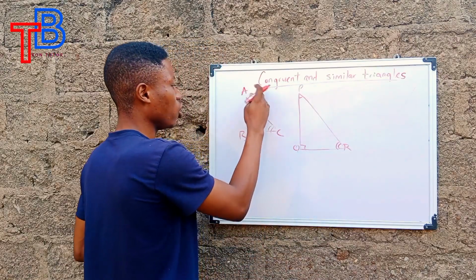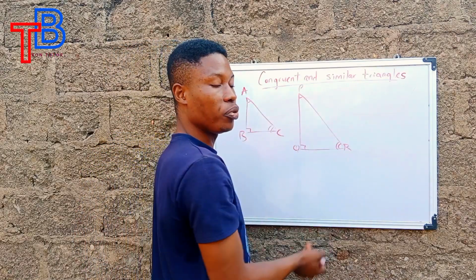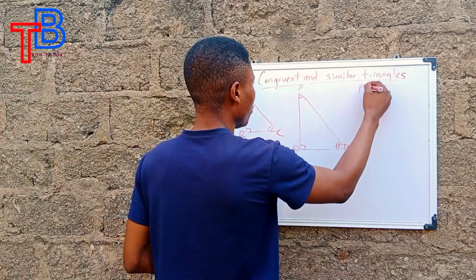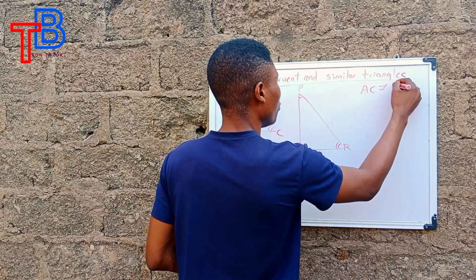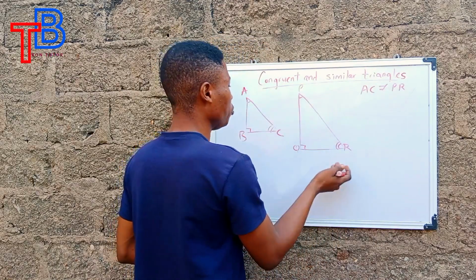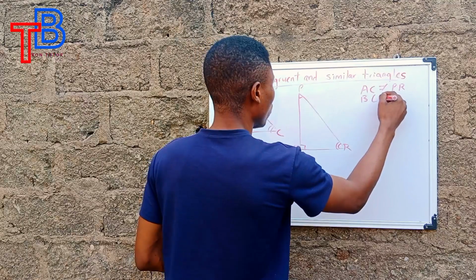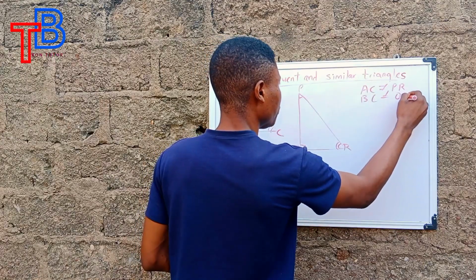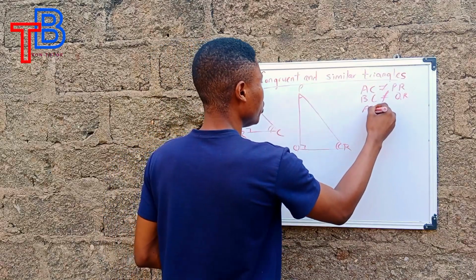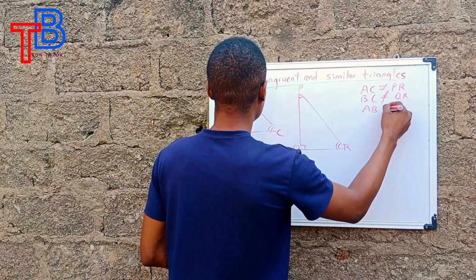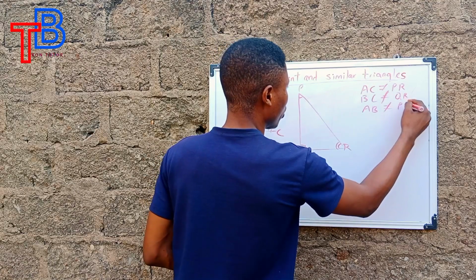You will notice that your AC is not equal to your PR, and also your BC is not equal to your QR, whereby your AB is also not equal to your PQ.